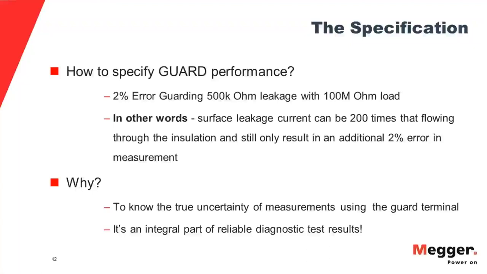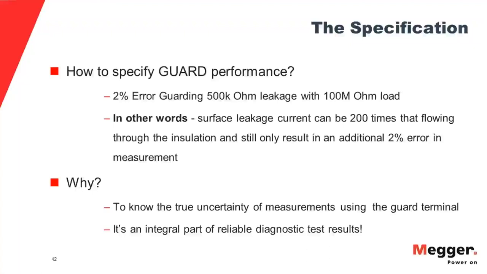And consequently, you will see products on the market that have a guard terminal error as much as we've seen 80%. And remember, any calibration technician out there knows this: when you put any additional function, there's going to be a certain amount of error associated with that. But what you want to do is minimize that.